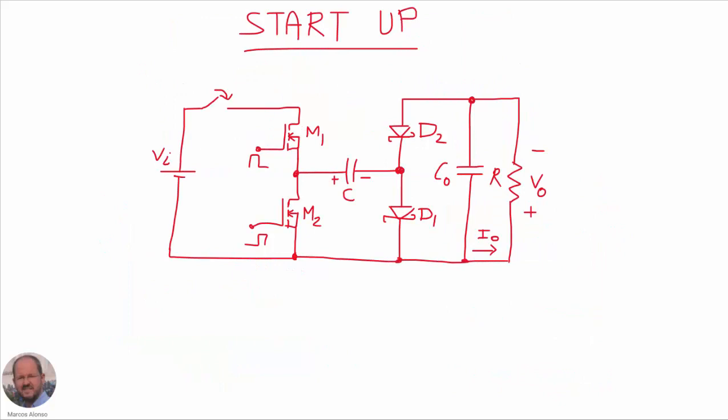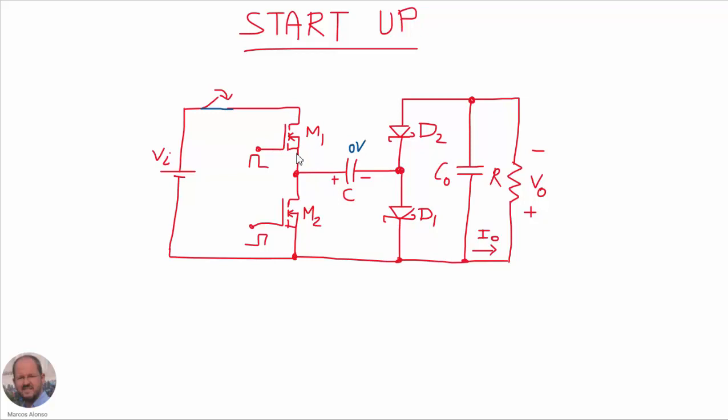Now we are going to deal with a real aspect of the implementation of a switch capacitor converter, which is the startup process. Imagine that we have this switch here to connect our converter. We are already injecting the signals for driving the switches. So when we close this switch here, then at the beginning what is going to happen is that this capacitor here has 0 voltage, is totally discharged.